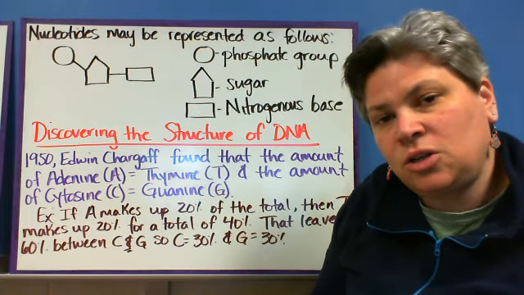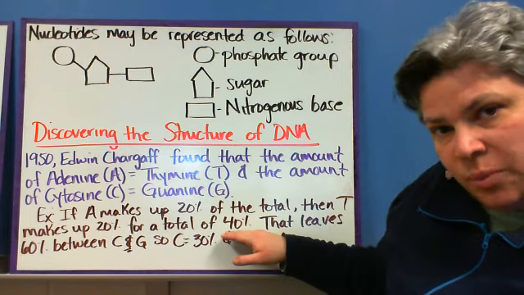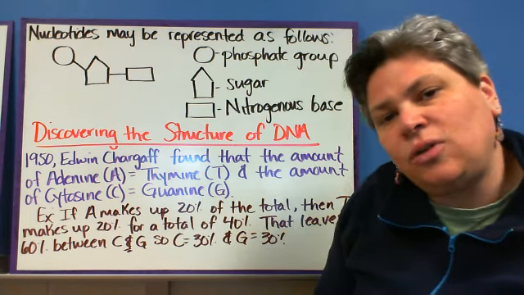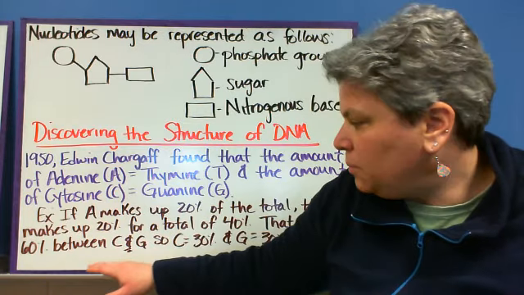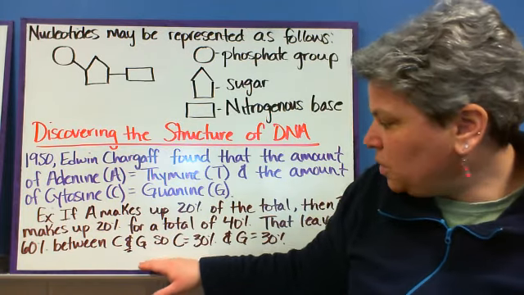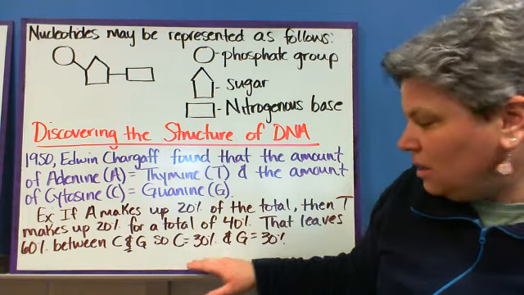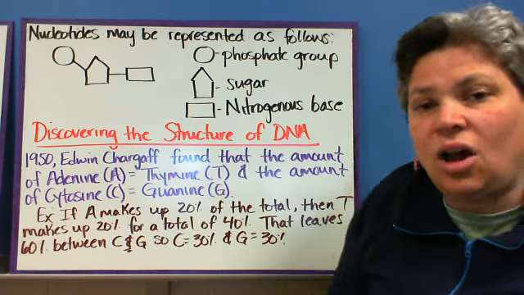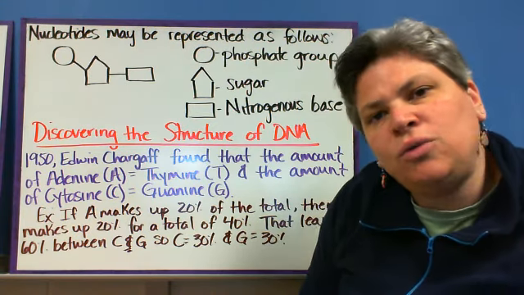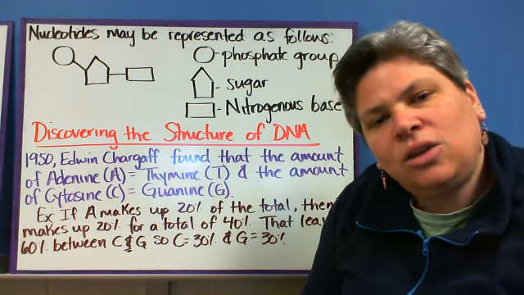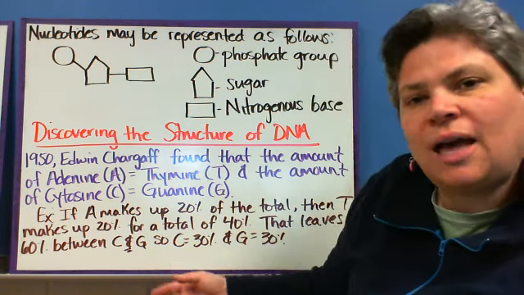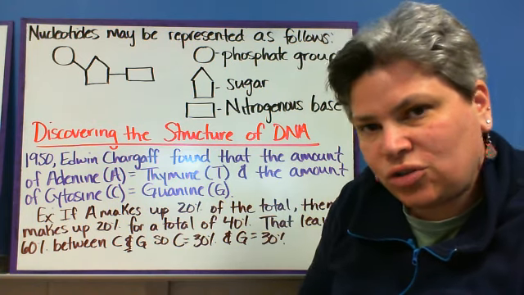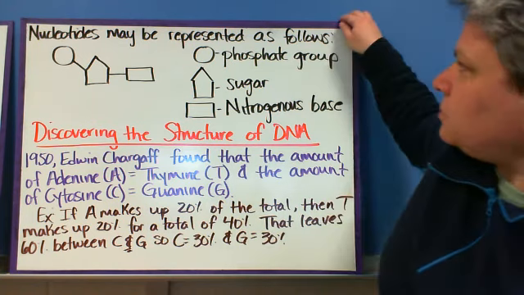So the 20% and 20% would give us 40% of the total. If I subtract that from 100%, I'm left with 60% between C and G, which would mean that C had to be 30% and G had to be 30% of the total molecule. So if you know the percentage of one, you know the percentages of all of them. This was a huge step in helping to determine the actual structure of the DNA molecule.